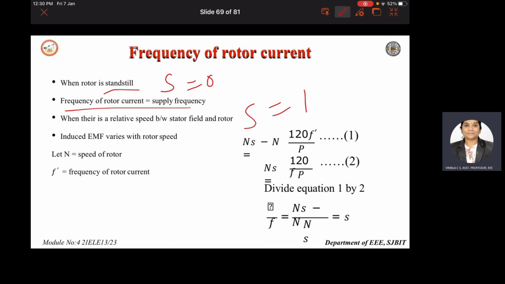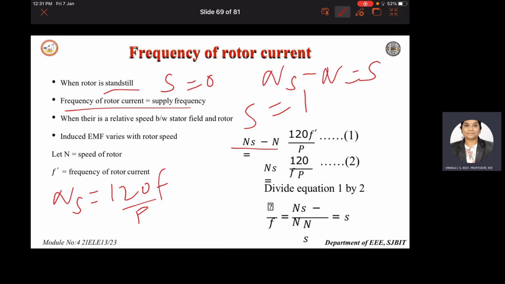We know that Ns is equal to 120 F by P, and we also have the slip S equal to Ns minus N divided by Ns.